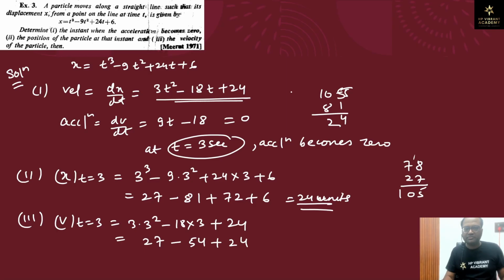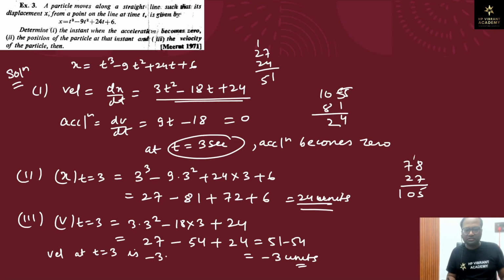This is 27 plus 24, 51, and minus 54. This is equal to minus 3 units. So the velocity at t is equal to 3 is minus 3 units. Okay.